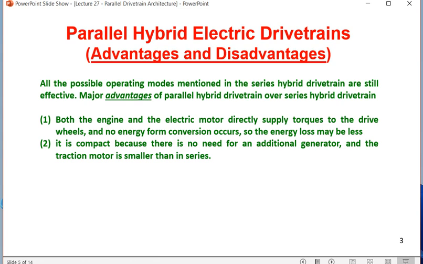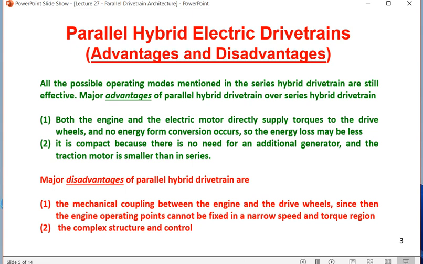And the good thing is that in case of parallel hybrid the motor is much smaller in size. Smaller motor size means smaller power loss. That is what is mentioned in the second point here in the advantages, that is, in parallel hybrid the motor is much more compact. Traction motor is actually smaller than in series hybrid. So these are the two main advantages apart from all the advantages of series hybrid.